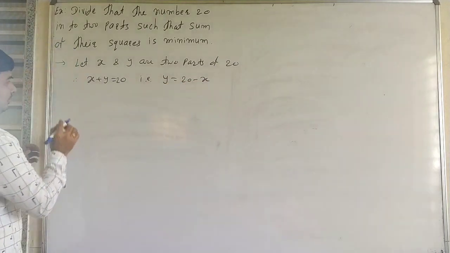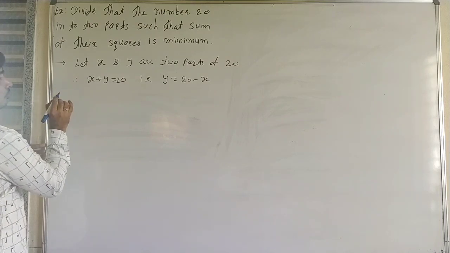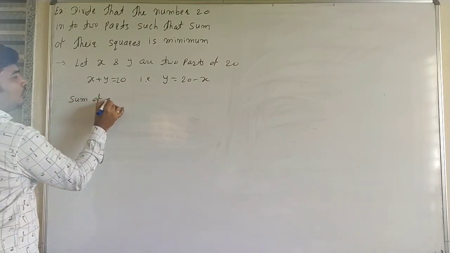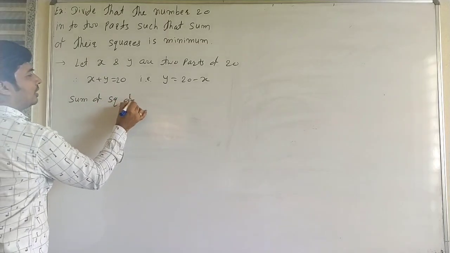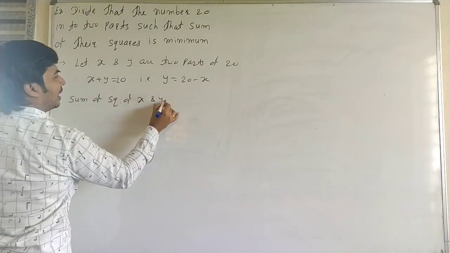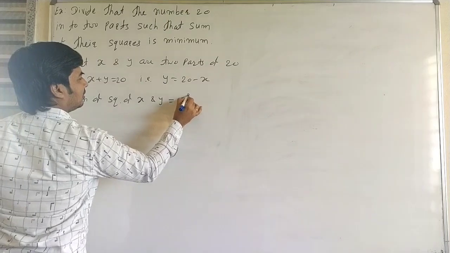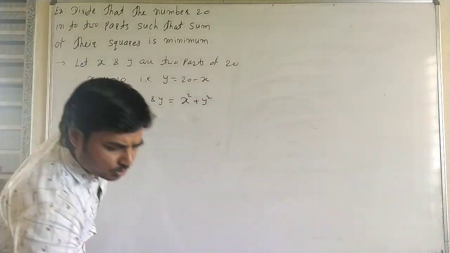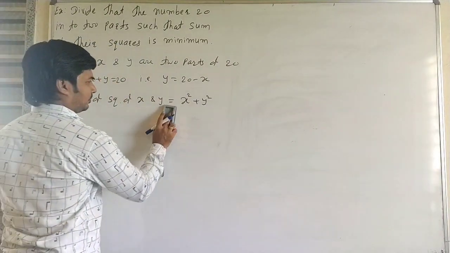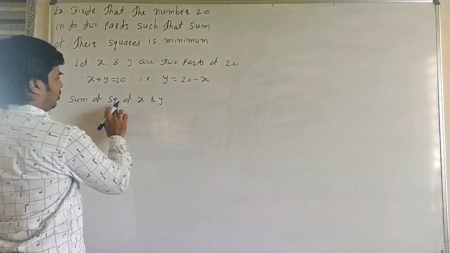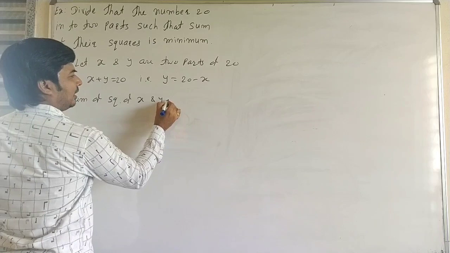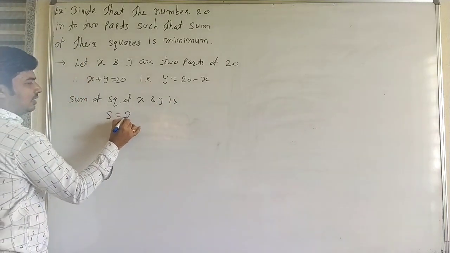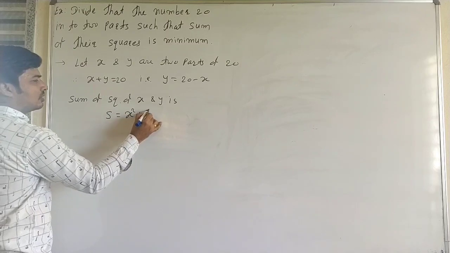Then the sum of squares of x and y, suppose we consider it S, is x square plus y square.